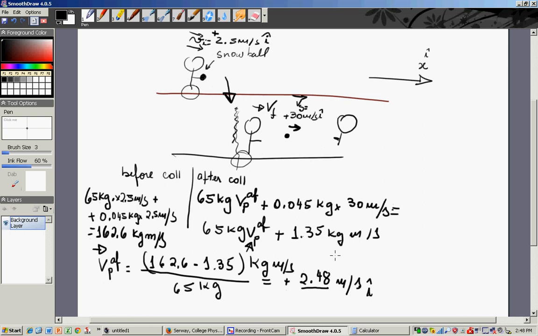Now, the snowball, let's go to the second part of the problem. The snowball goes and finds this person that originally was not moving. And then I can bring a hard eraser and do it all over again.